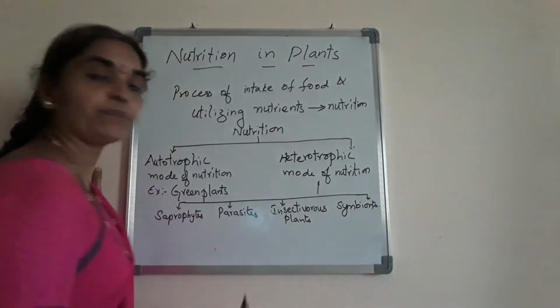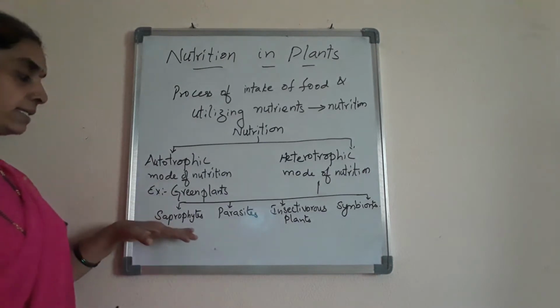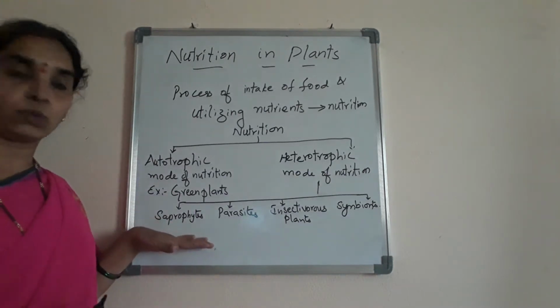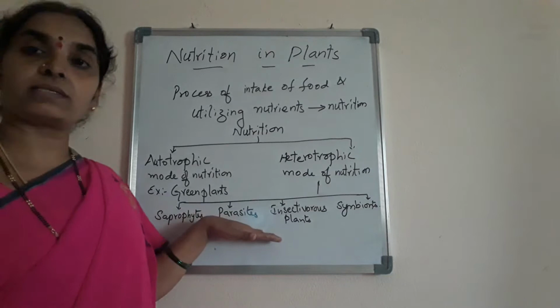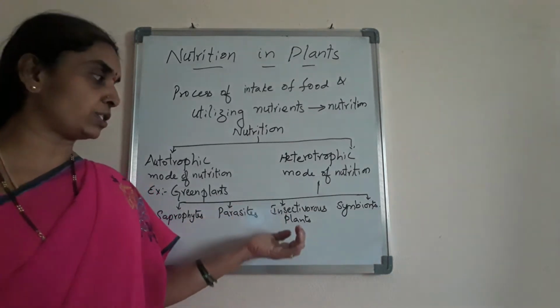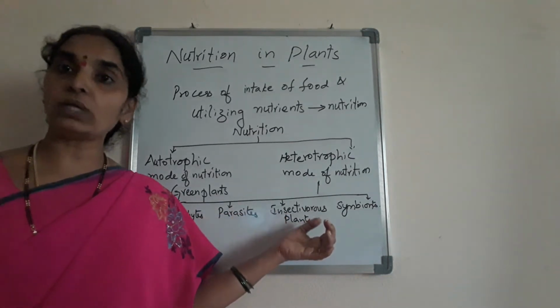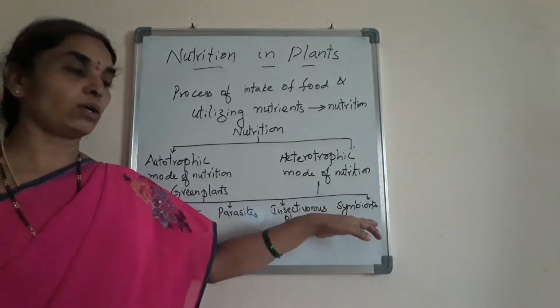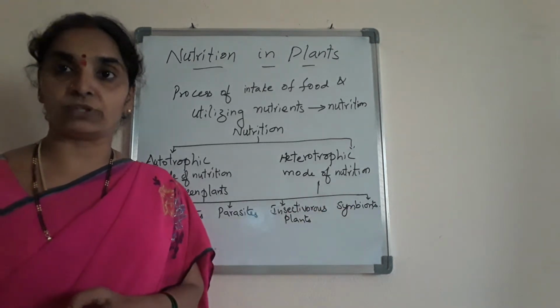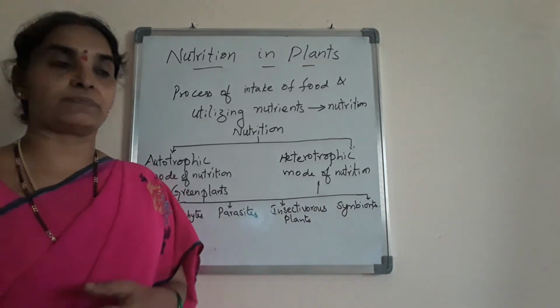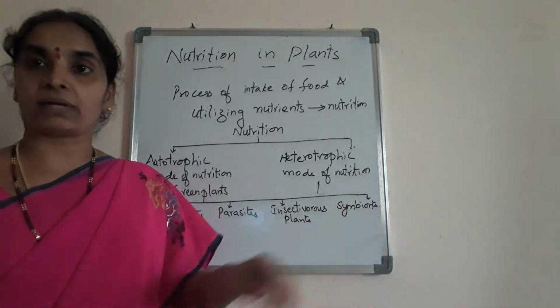Four types. Saprophytes perform the saprophytic mode of nutrition. Parasites perform the parasitic mode of nutrition. Insectivorous plants depend on insects for their food. Symbionts have a mutual relationship for food between the organisms. It is called a symbiotic relationship.